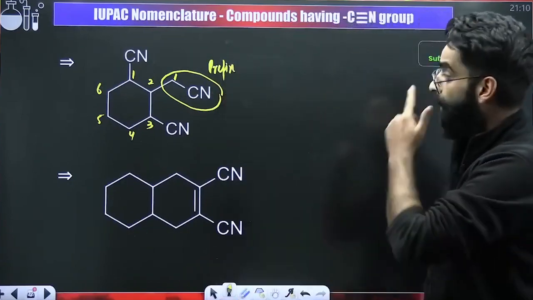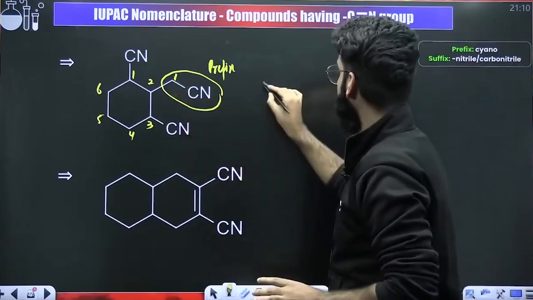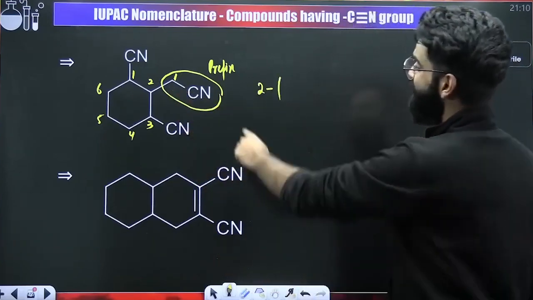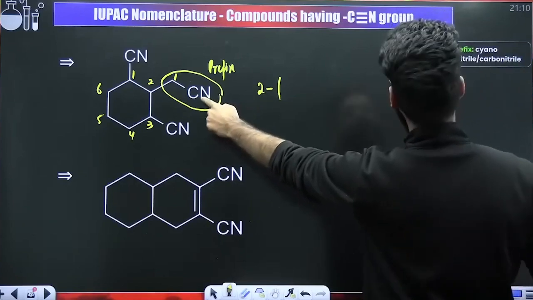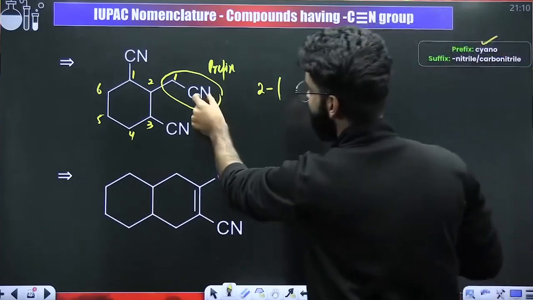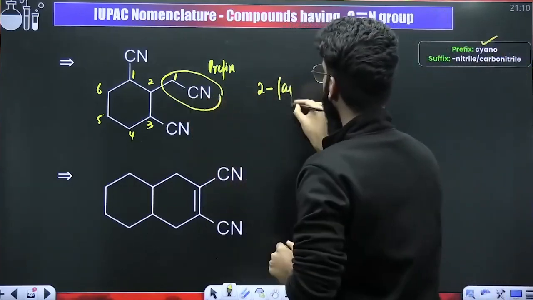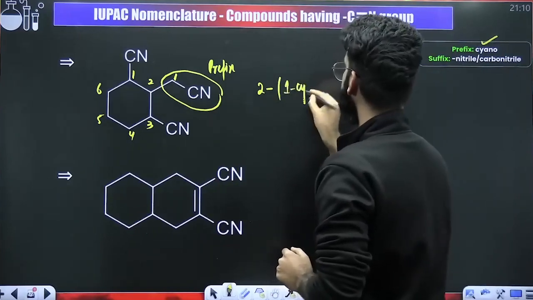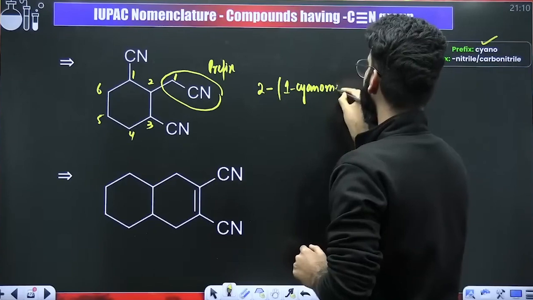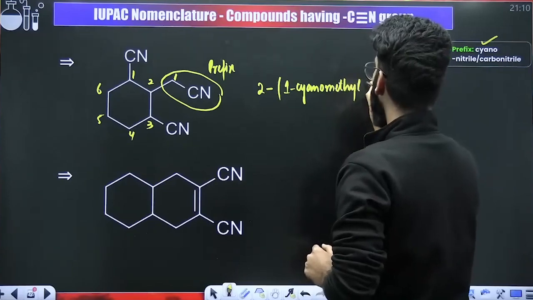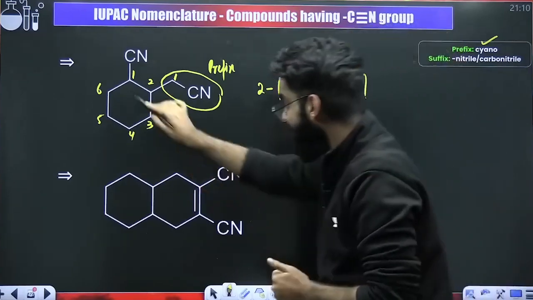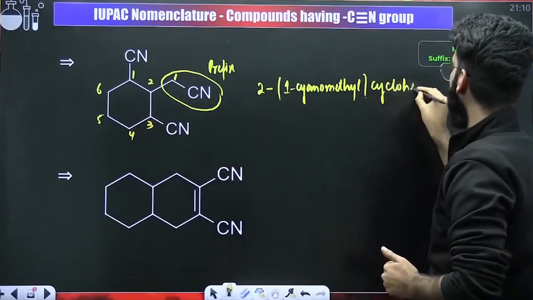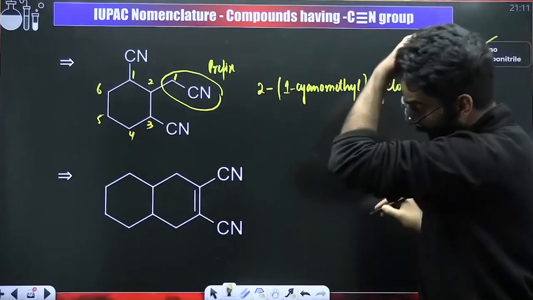Now, first of all, at carbon number 2, there's a complex substituent. This cyanide, I'll be using a prefix for it. The prefix for it is cyano, so it is 1-cyanomethyl. Then it's the cyclohexane.